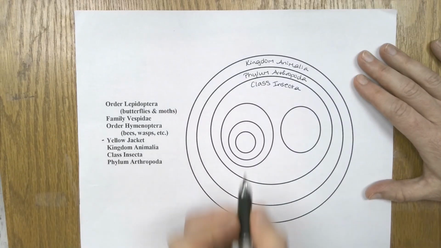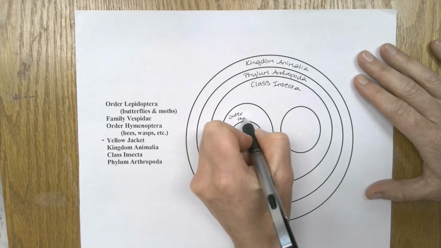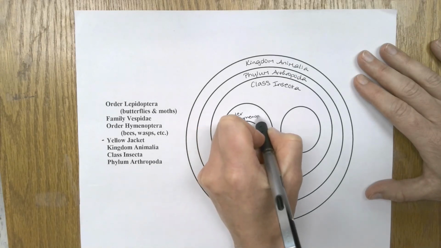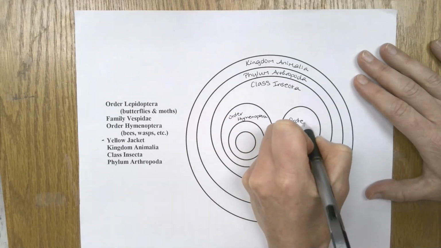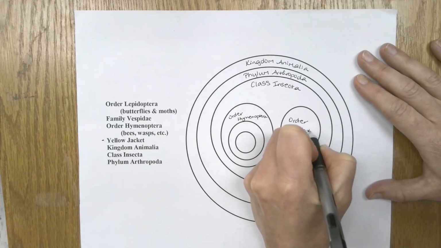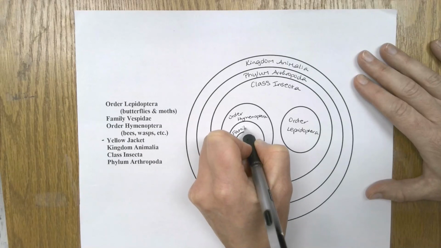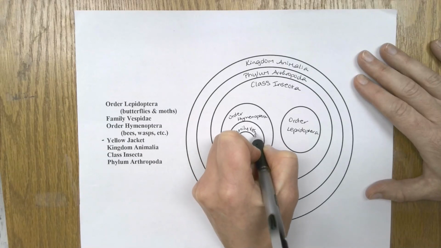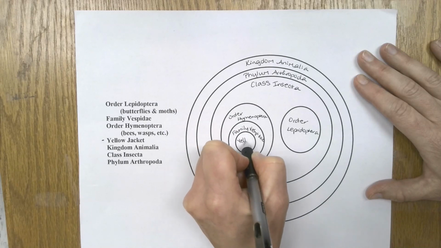So I'm going to put order Hymenoptera over here, and then I'm going to put Lepidoptera over here by itself. Then family Vespidae. Don't have enough room. And then there's my yellow jacket.